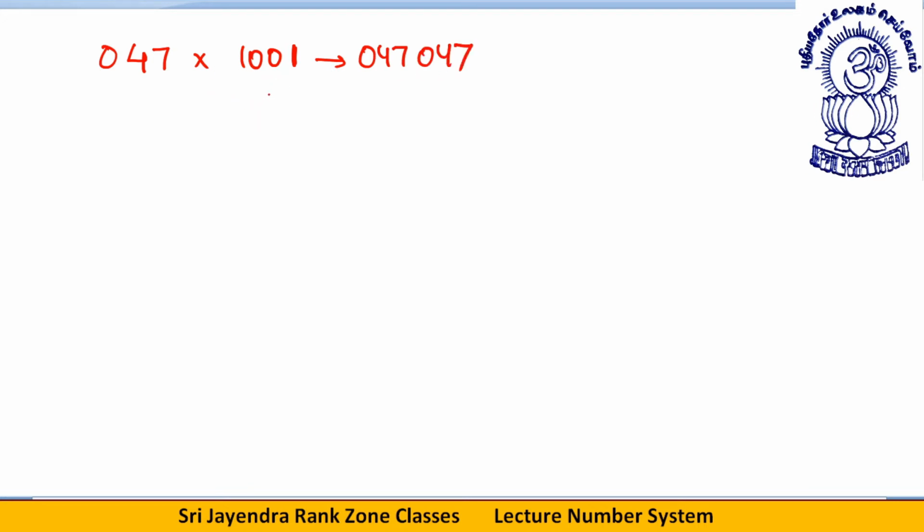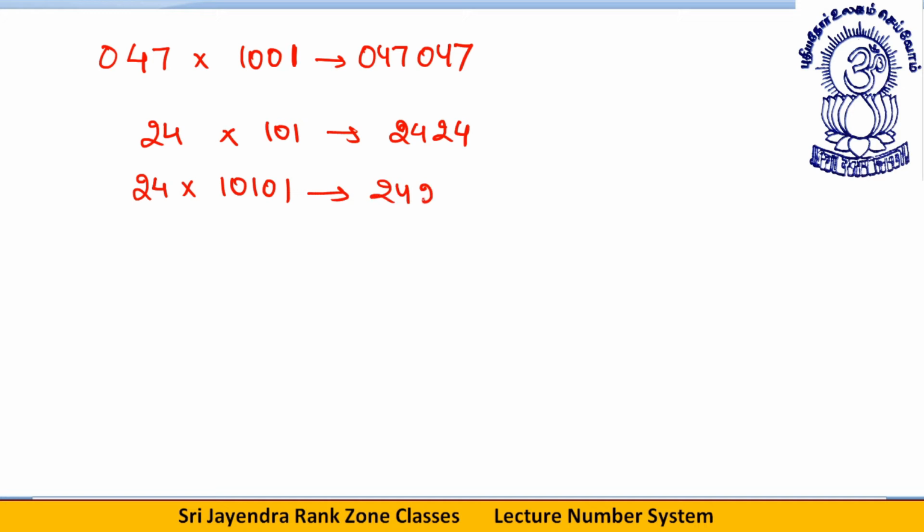Now one more very beautiful thing. I know if I write 24 into 101, I will get 2424. But if I write 24 into 10101, then my result will be 242424.